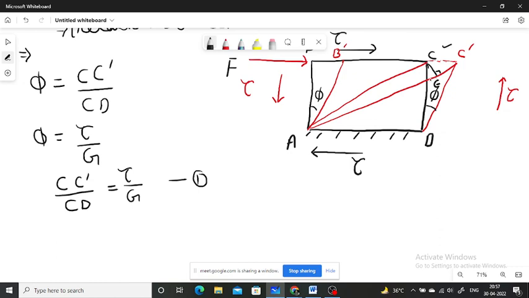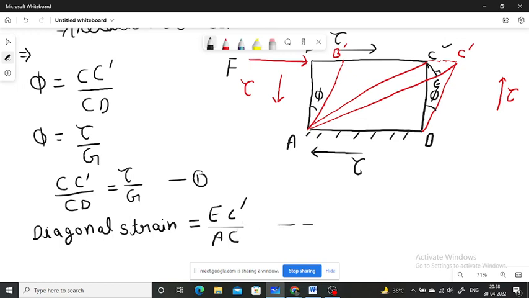So the initial dimension is AE and the change in dimension is EC dash. So the diagonal strain will be equal to the change in dimension, which is EC dash, upon the initial dimension. Here AE is equal to AC. Let's say this is equation number 2.